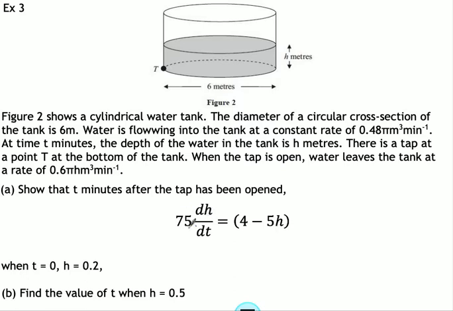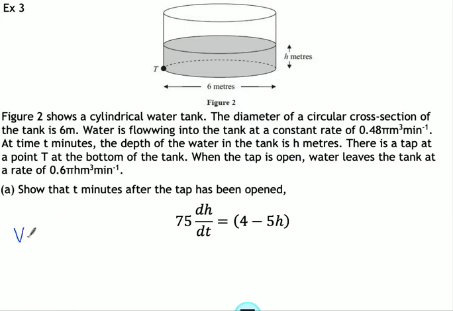We want to show that t minutes after the tap has been opened, this statement is true. So dH by dt is our sort of end game. That's what we would like to find. So let's write down some information that might be useful. Firstly, it's to do with the volume of the water, and we should know the volume of the water is pi r squared h.